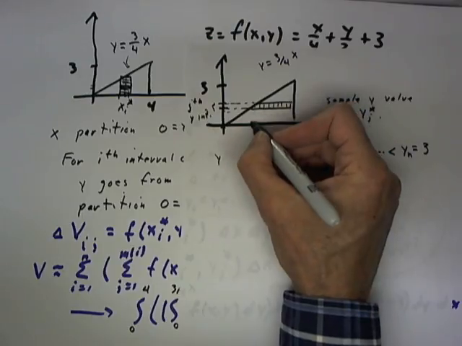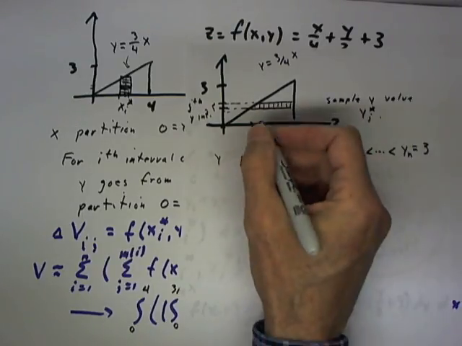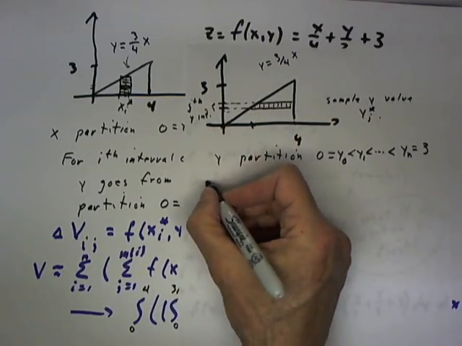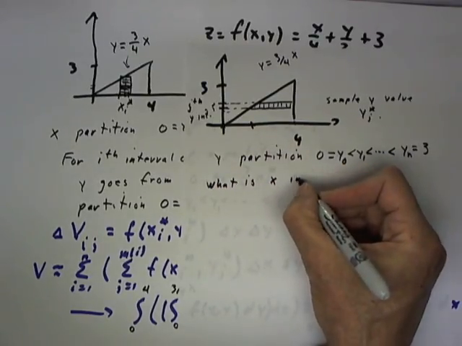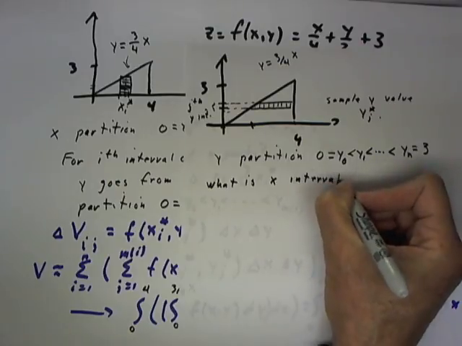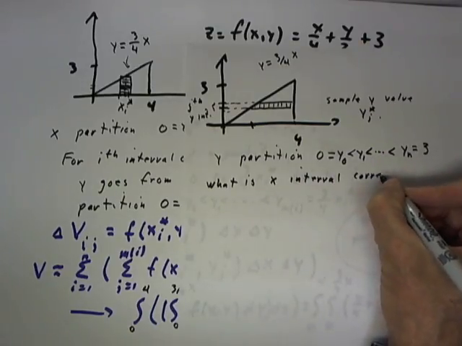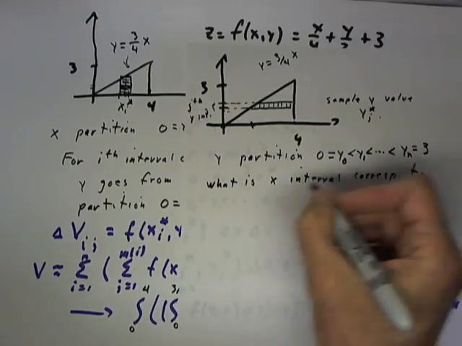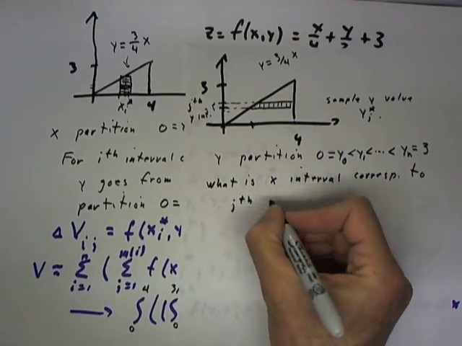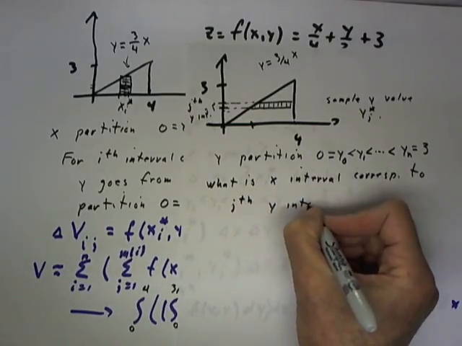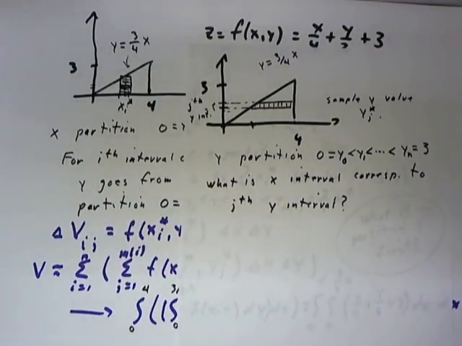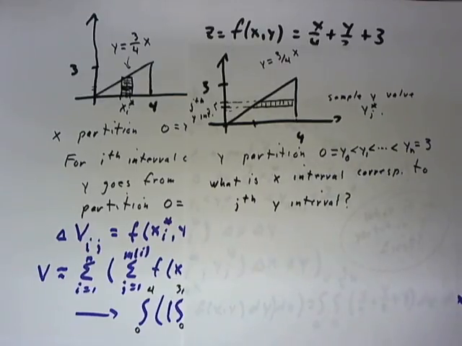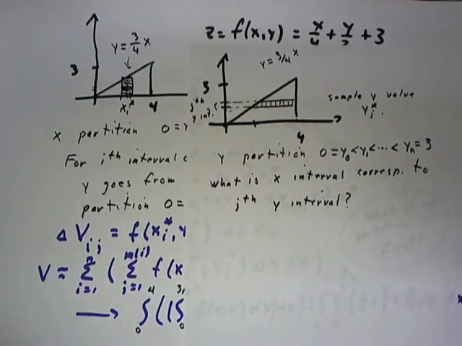We don't intersect the triangle until we get to this point, so the question is, what is our x interval corresponding to our jth y interval? Well, that's not too hard to determine.